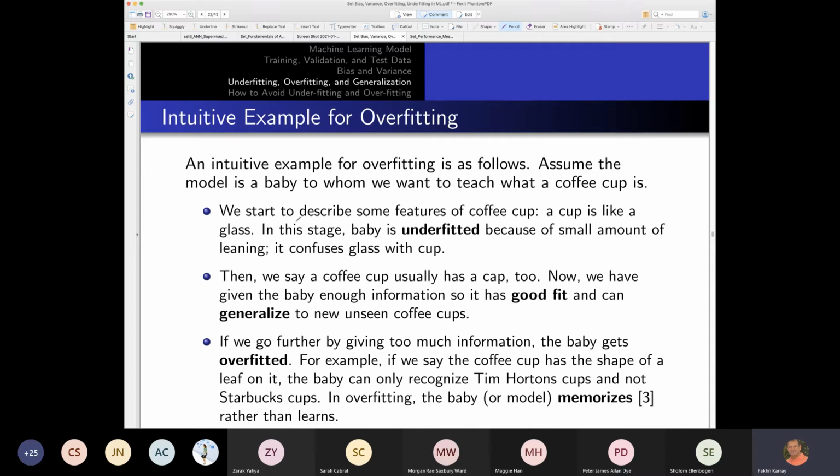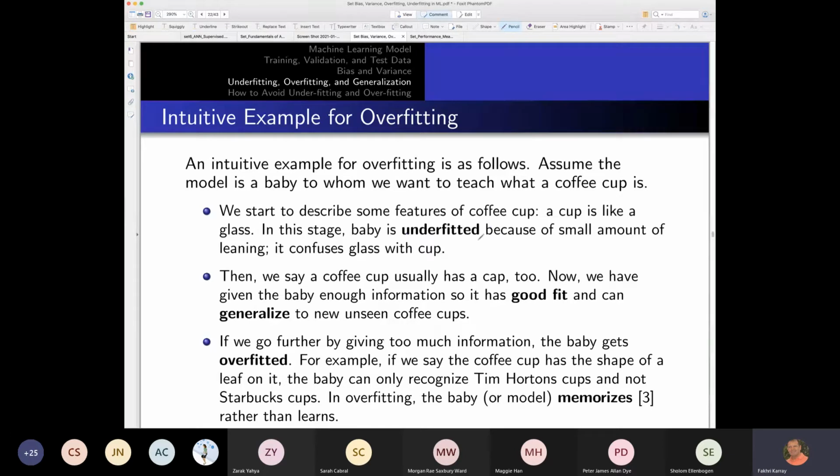So we start to describe some features of a coffee cup. A cup is like a glass in this stage. So this is an example. A baby is underfitted because of a small amount of learning. It confuses glass with the cup.